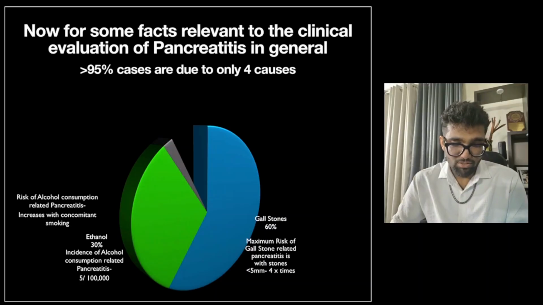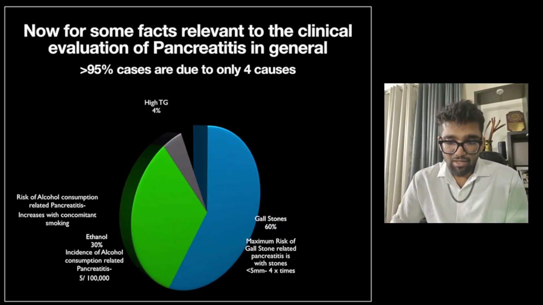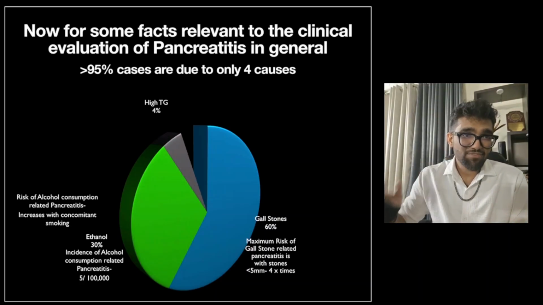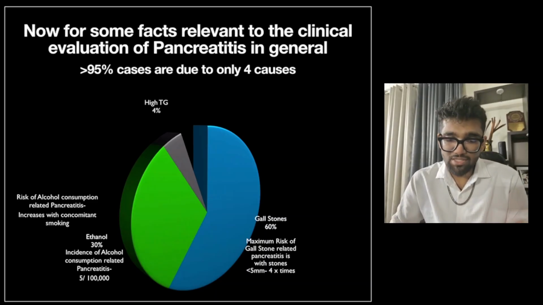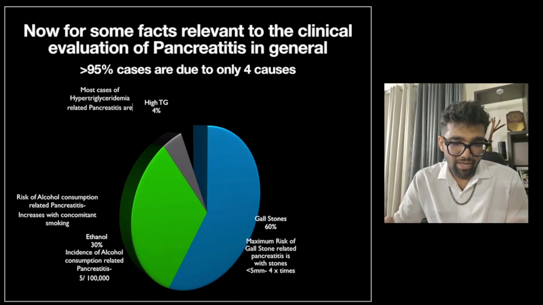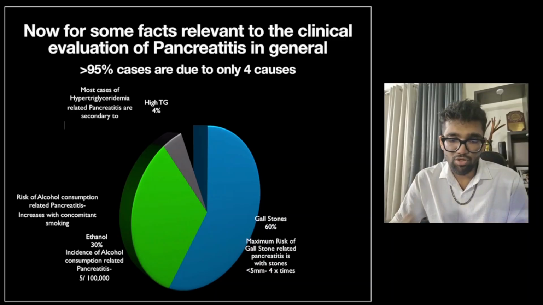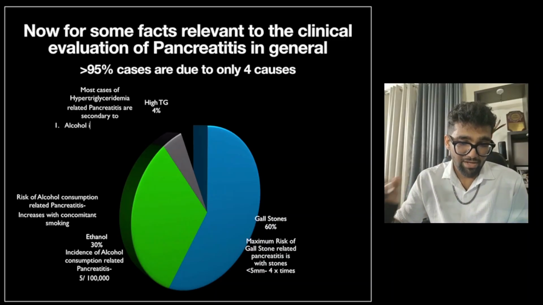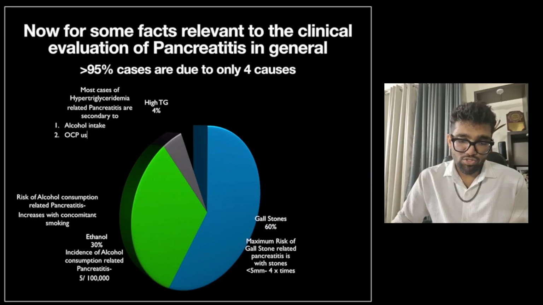So the risk factors for alcohol consumption related pancreatitis, like I said, there is an increase with concomitant smoking. The third, and by a significant margin, the third most common cause is hypertriglyceridemia, which is around 4% of cases. Now, most cases of hypertriglyceridemia related pancreatitis are secondary to alcohol consumption itself, or they are secondary to OCP usage.